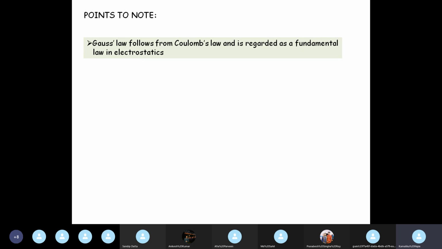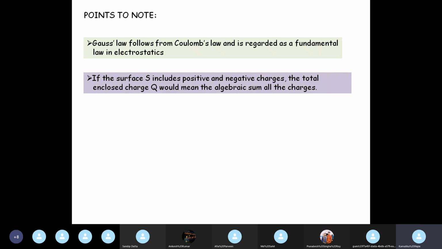Coulomb's law in electrostatics. In order to find out the electric field at a point, we have to apply Gauss's law. If the surface S includes positive and negative charges, the total enclosed charge would mean the algebraic sum of all the charges.